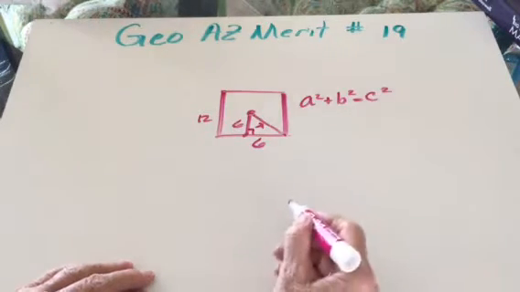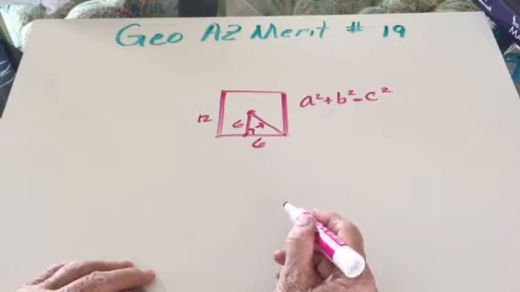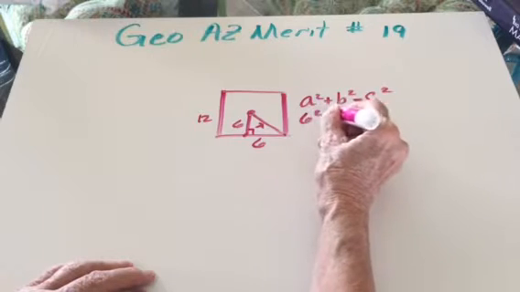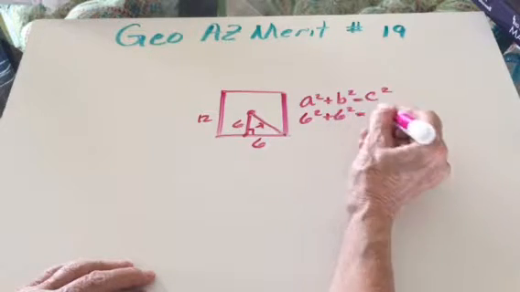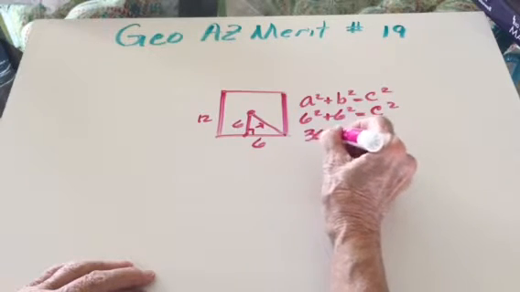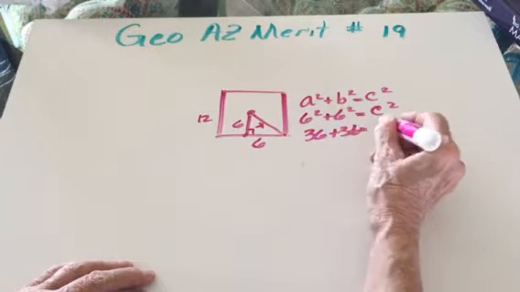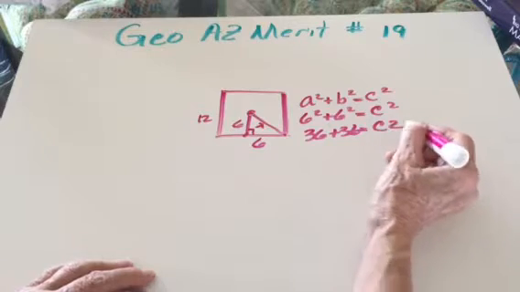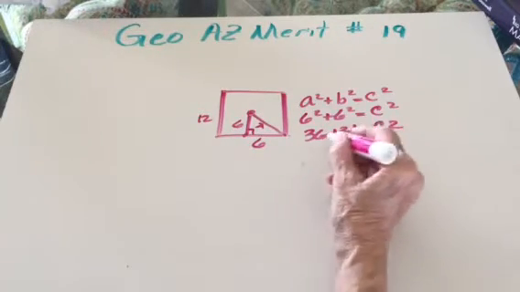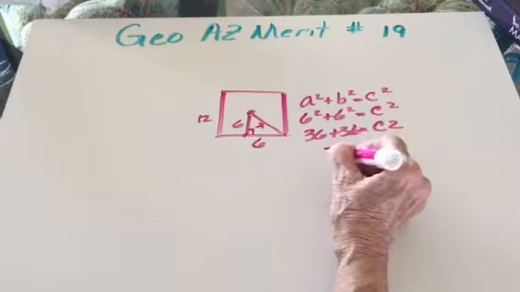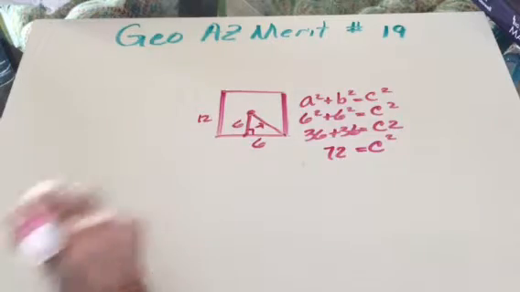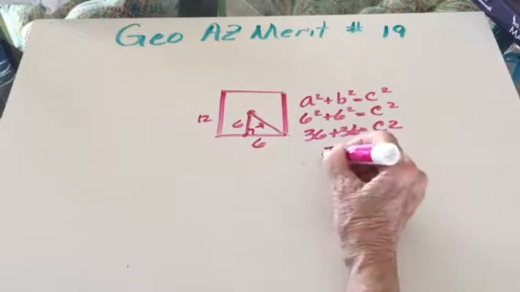So far, so good? All right, so 6 squared plus 6 squared equals c squared. That's going to be 36 plus 36 equals c squared, so 72 equals c squared. Now, let's take the square root of that.